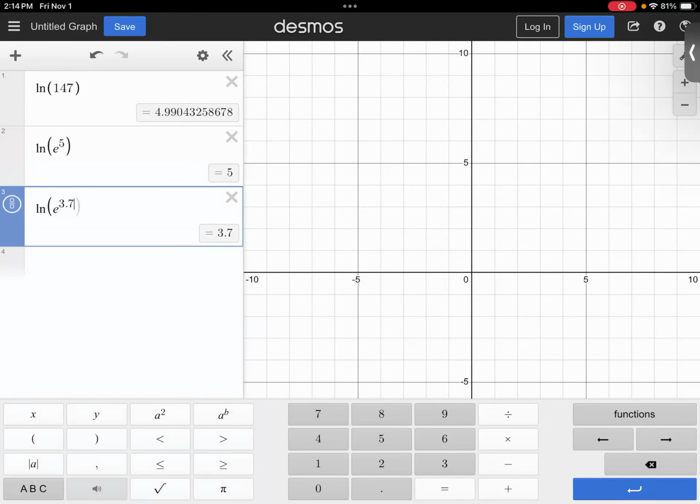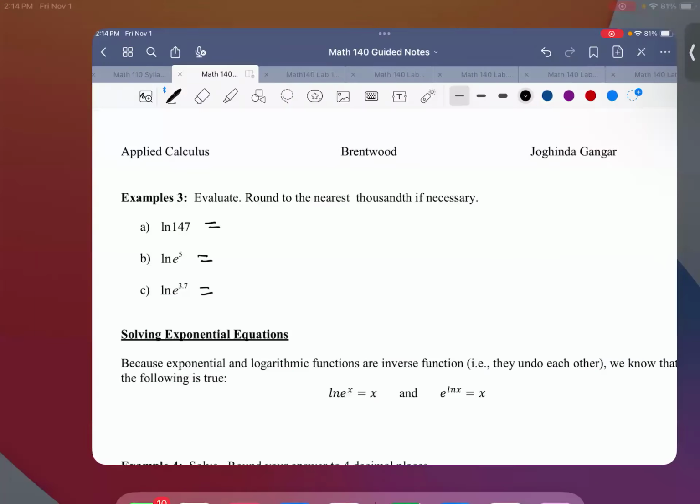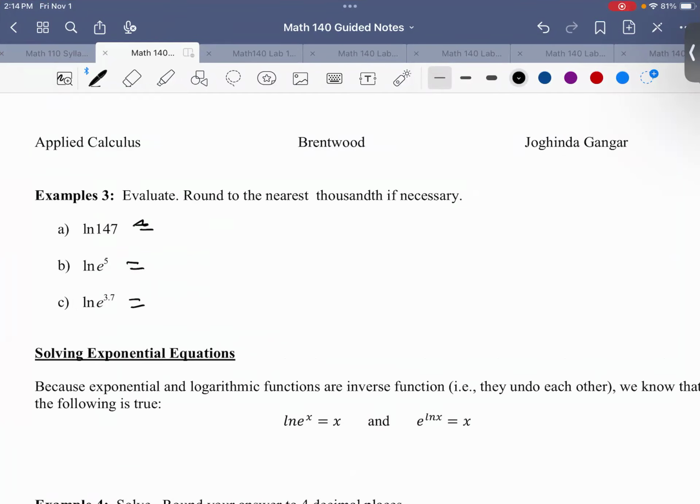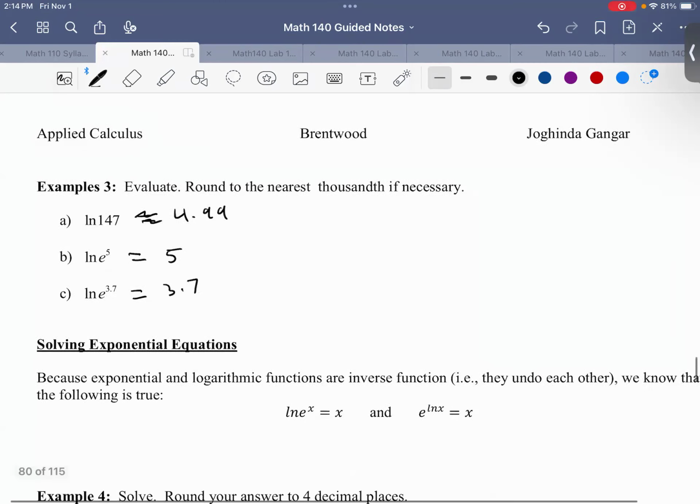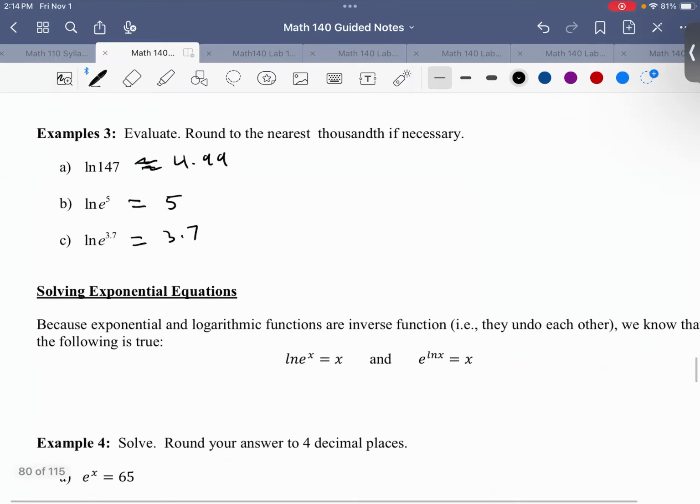So that's just us inputting into a calculator. So what we got was approximately 4.99. We had 5 and we had 3.7. Okay, so hopefully that's some practice with evaluating these natural logs with a calculator.